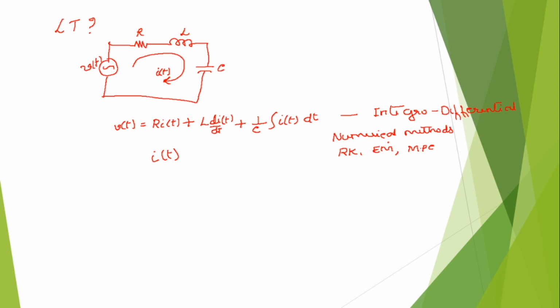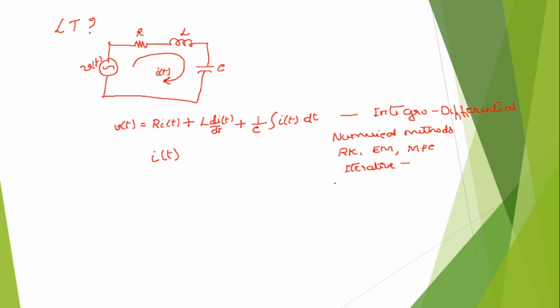There are many numerical methods to find the solution I of t for a given integro-differential equation. All these numerical methods are iterative in nature. Iterative, what do I mean? You will not get the expression I of t directly, but step by step with iterative techniques.